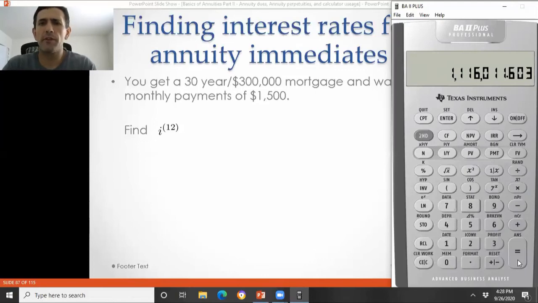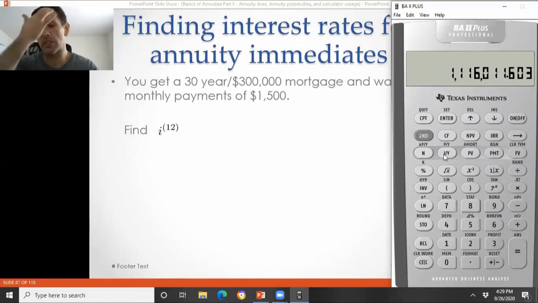So the future value of these payments is the future value of this $300,000, which is $1,011,611.60.